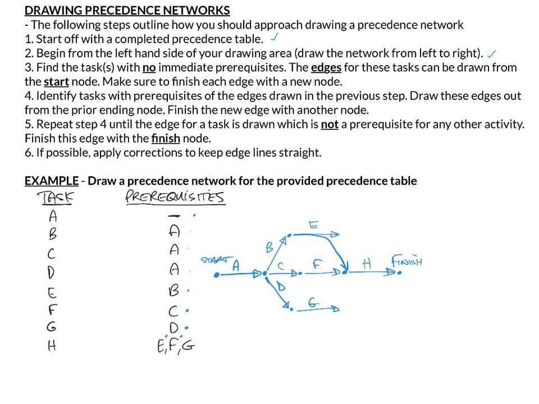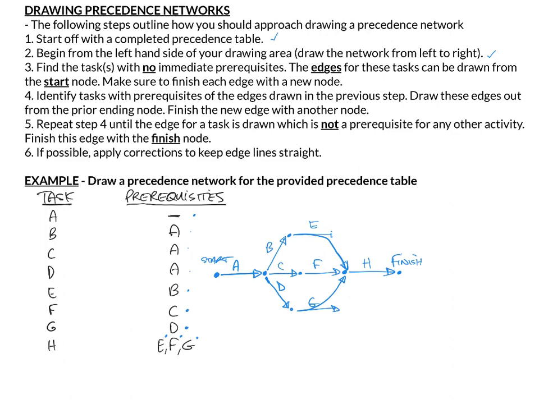And then G is a prerequisite of H, so that would be this curled line coming up here to represent that E must happen, F must happen, and G must happen. E, F, and G must happen before H can proceed. You could get your marks for this, but just as a preference, and if you've got time to do it, it's better to keep the lines straight.